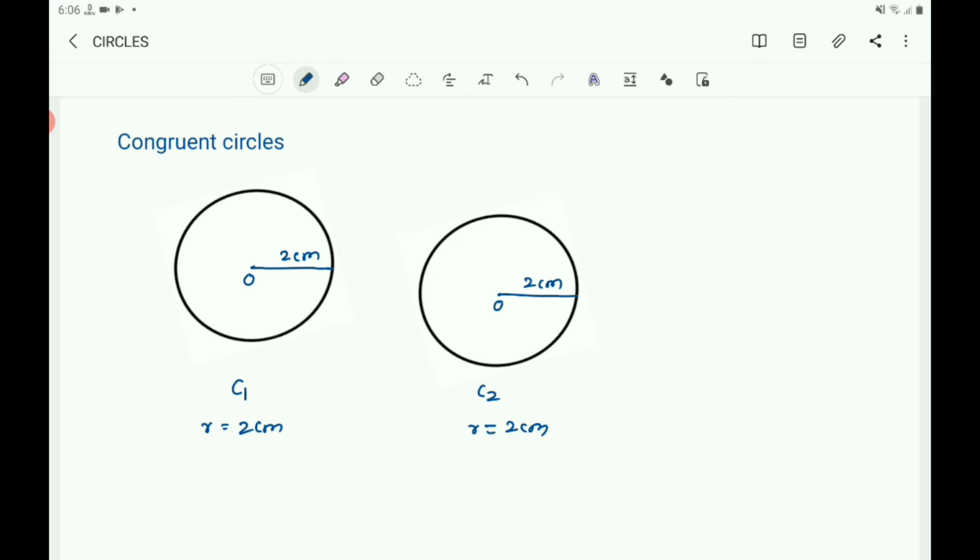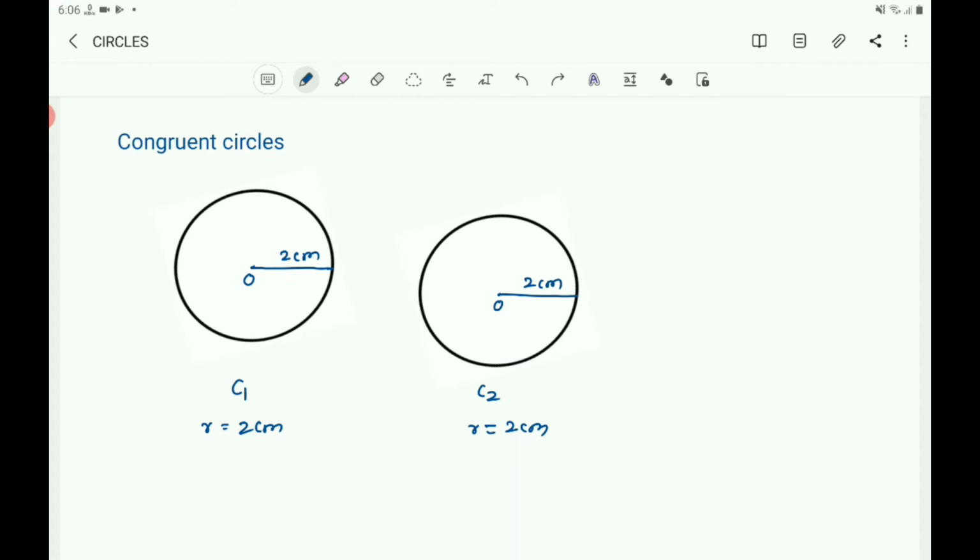Now, what are congruent circles? Two circles having the same radii, meaning equal radii, are said to be congruent circles. If you keep one circle on the other, they superimpose each other.